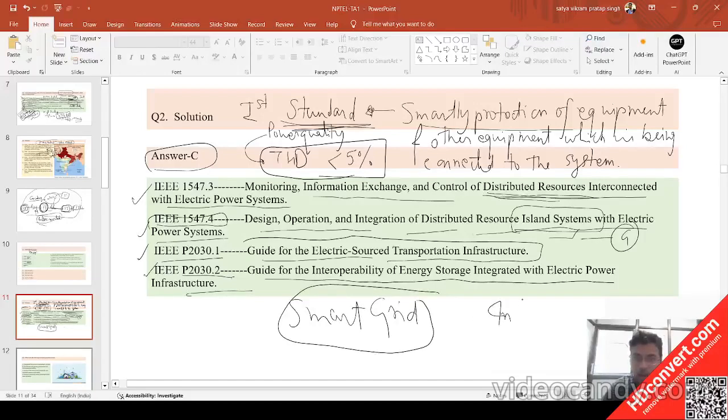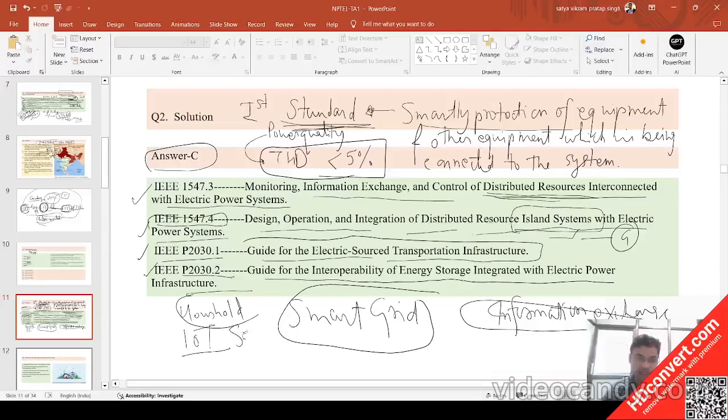How do you do this information exchange? Information exchange. Smart metering, yeah, exactly. The smart metering kind of system is there. By that you can communicate with your household system, and IoT based devices such as sensors, SCADA kind of systems are there for supervisory control, and other PLCs will be there for a higher industrial level.